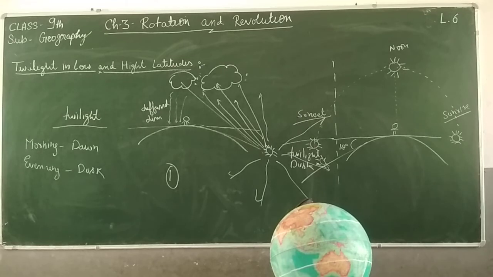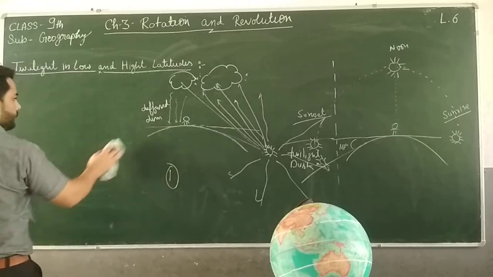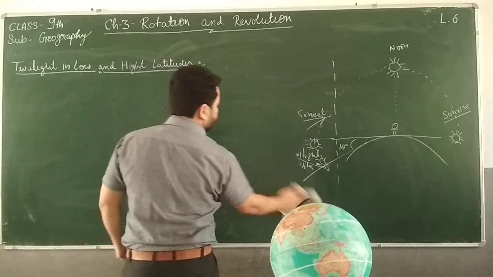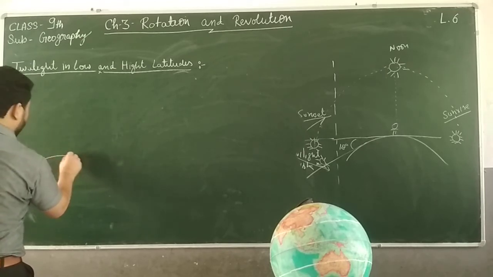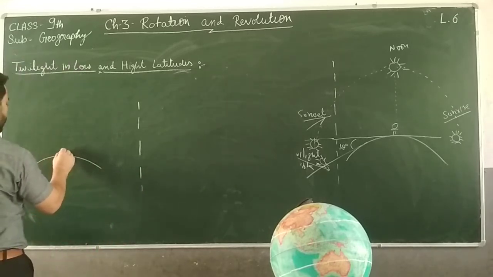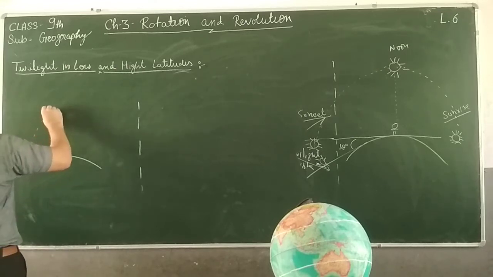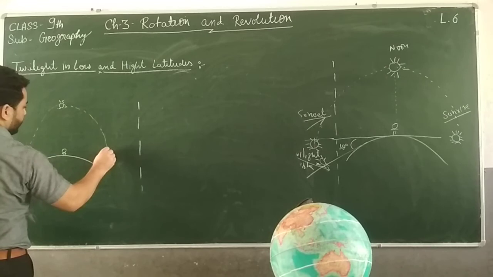I'll show you two things here, one at the equator and another at the poles or higher latitudes. Suppose you are here, so you will observe the sun rising this way, going overhead like this vertically, and coming down this way.